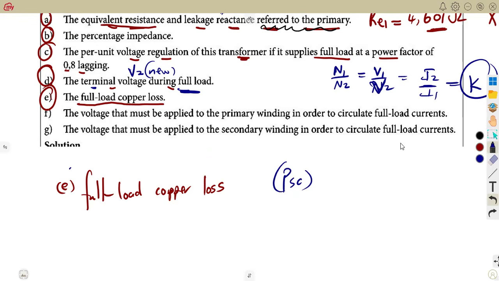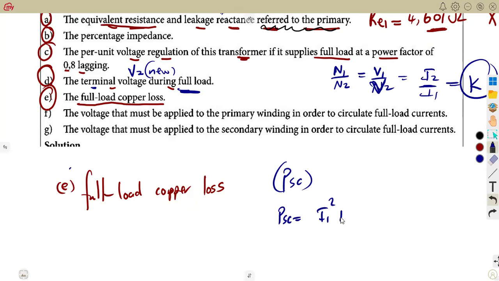For open circuit, when they talk about an open circuit, they're going to talk about power on no load. But here we are talking about full load. That's the short circuit power.